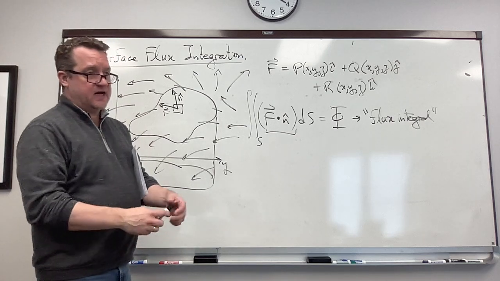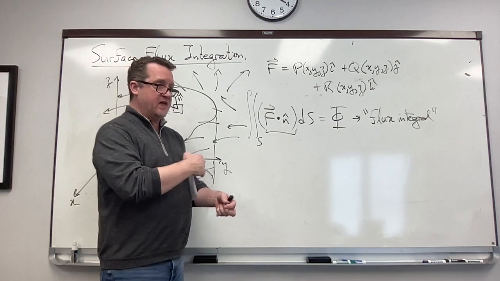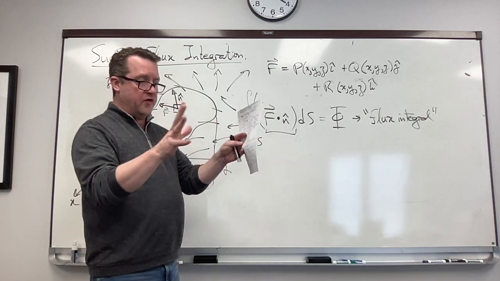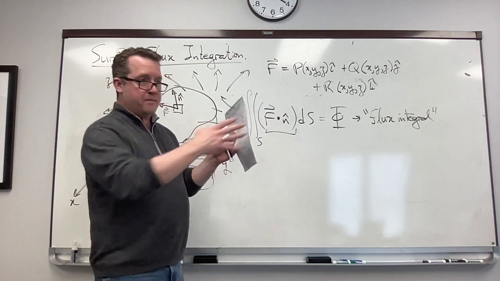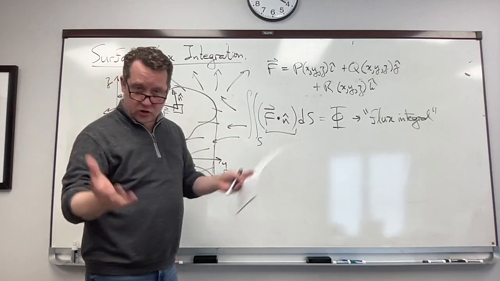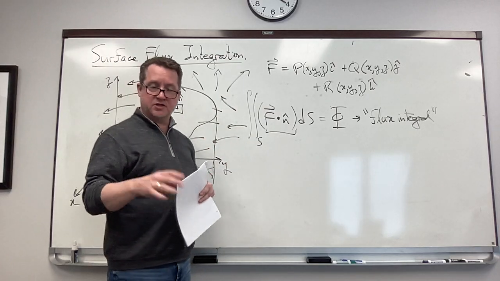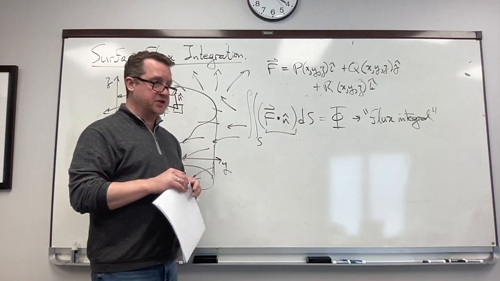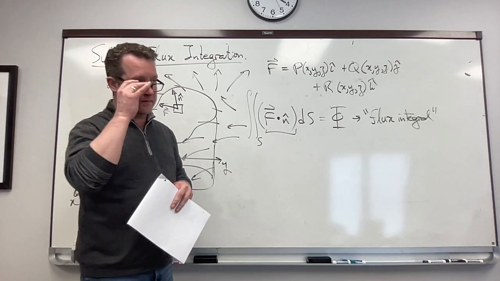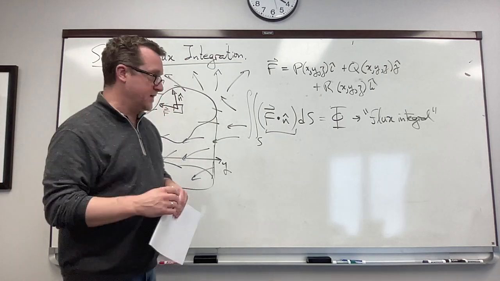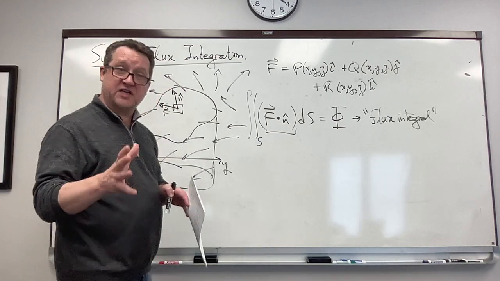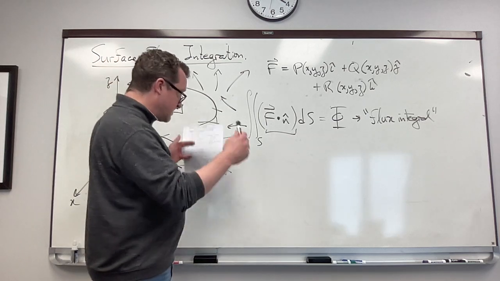We talked about the idea at that time, and we'll talk about this again, that if you summed up all the components of electric field perpendicular to a surface over a closed surface, that was somehow related to the total charge inside that surface. It's actually going to yield to us the divergence theorem, but we're not ready for that yet. But we were doing flux integrals in that context. So this is a flux integral.